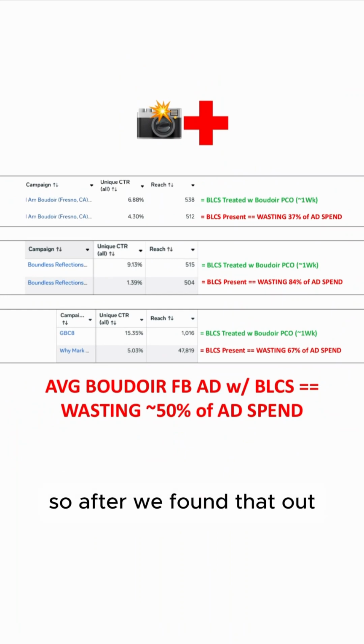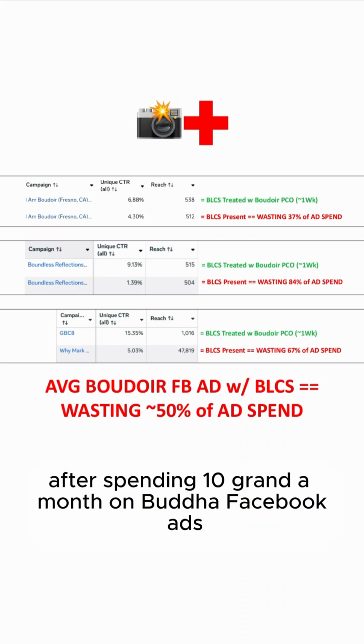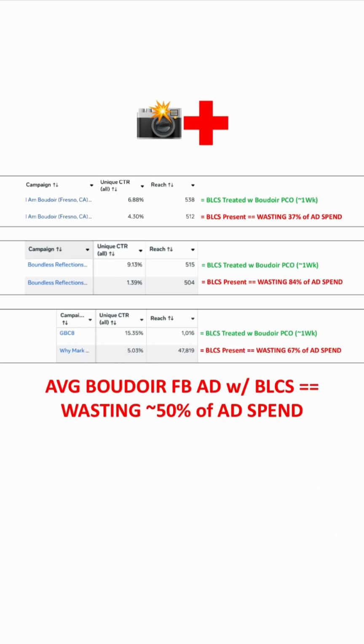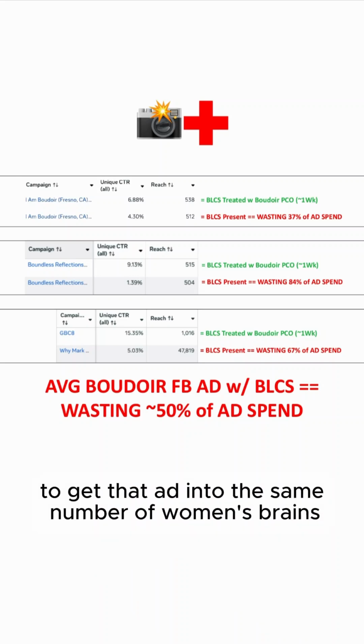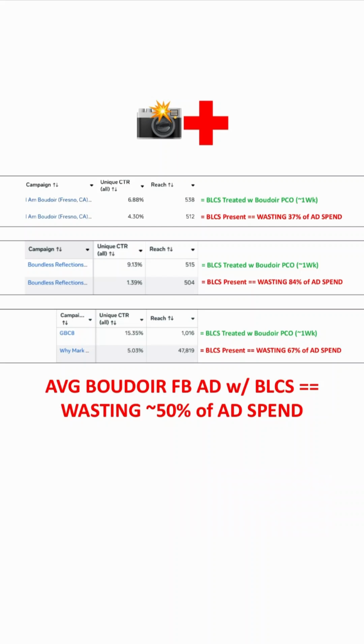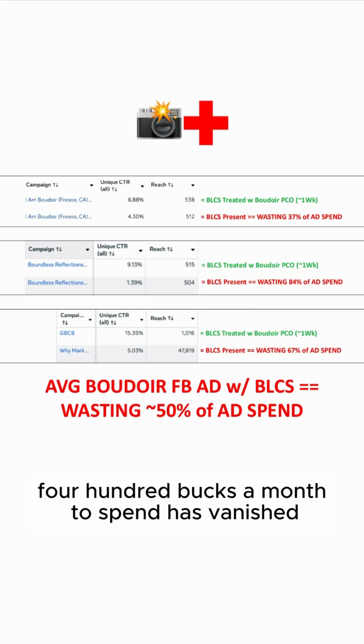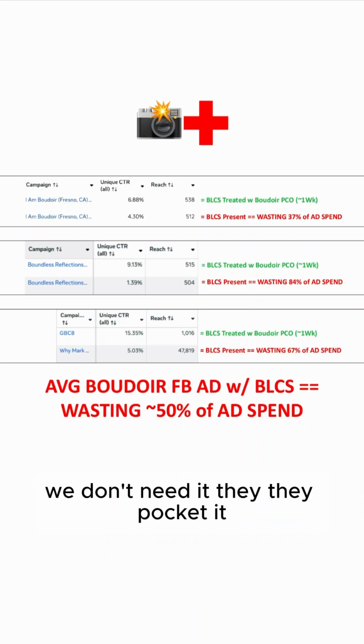So after we found that out, if they're spending 10 grand a month on Boudoir Facebook ads, they now only need to spend 1.6 grand a month on the Boudoir Pico treated ad to get that ad into the same number of women's brains. So 8,400 bucks a month to spend has vanished. We don't need it. They pocket it.